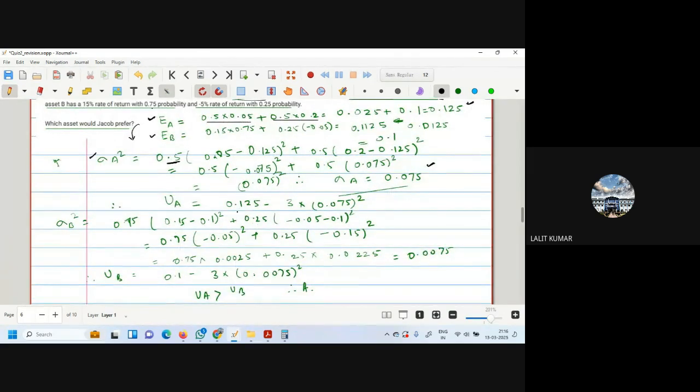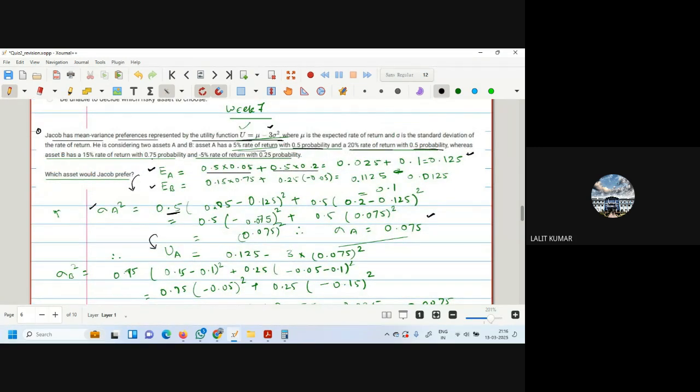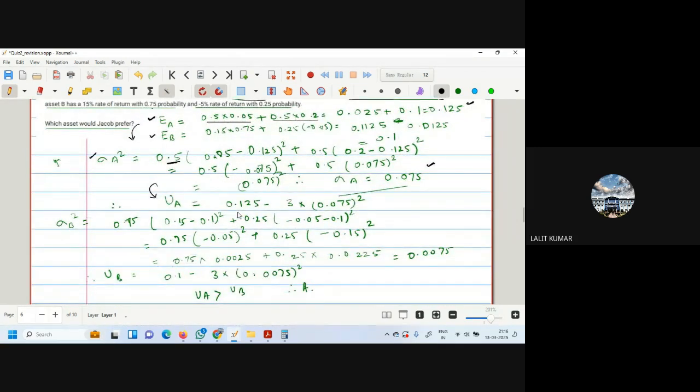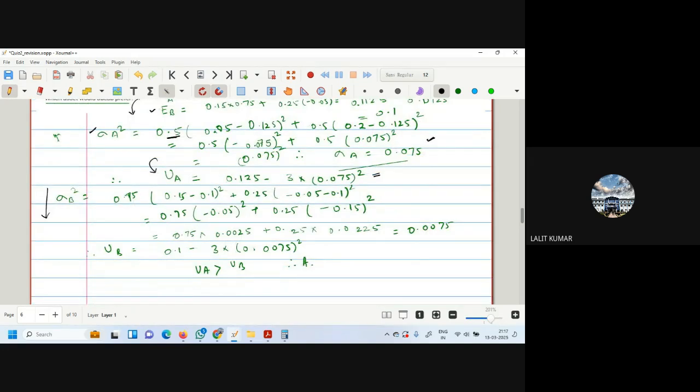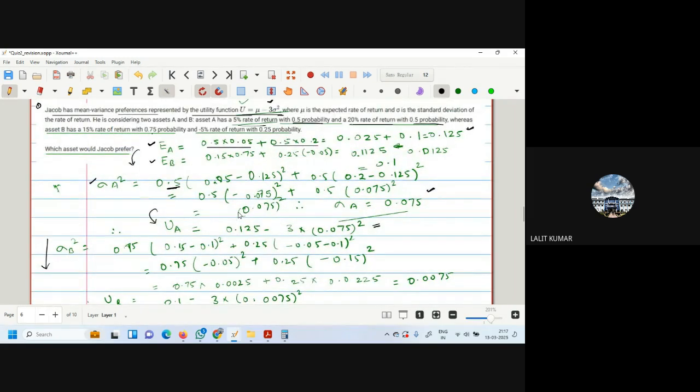Now we fit it into the utility formula given in this question. So we find the utility of A, which is 0.125 minus 3 into 0.075 square. The same exercise we do for B, and we find that the utility of A is greater than B. So again, I'll cover the steps.